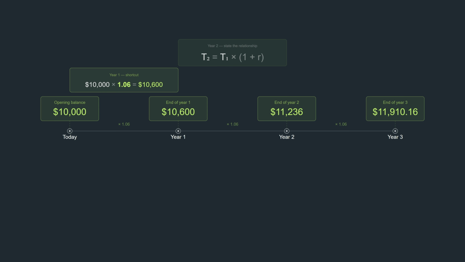And since our figure at T sub 1 already equals the principal multiplied by 1 plus the interest rate, we could substitute that in. That gives us principal multiplied by 1 plus the interest rate multiplied by 1 plus the interest rate again, which we can write more compactly as principal multiplied by 1 plus the interest rate squared.